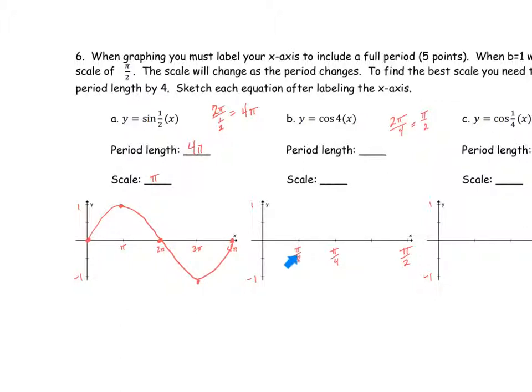So this would be 1 pi over 8, 2 pi over 8, 3 pi over 8. So my scale is going to be pi over 8, and the period length is going to be pi over 2. Cosine starts off the midline, so I'm going to start up, to midline, down, midline, up.